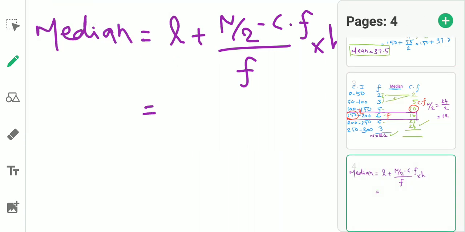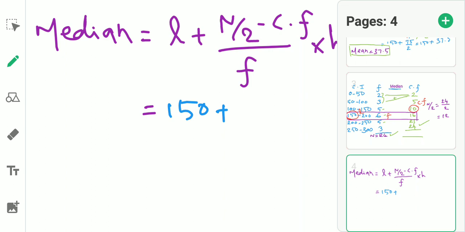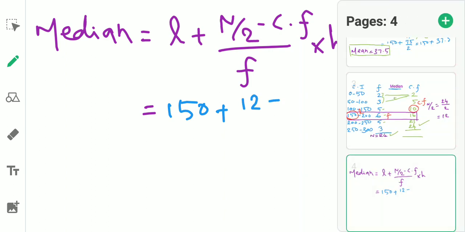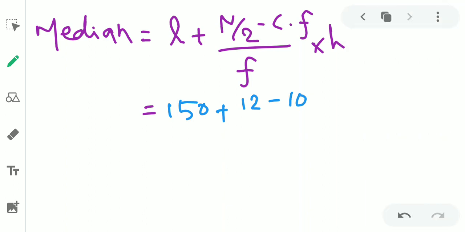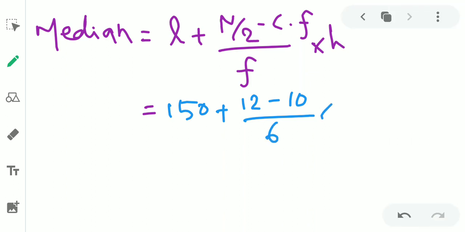We found 150. So 150 is L, and n by 2 is 12 minus CF, the preceding number, that is 10, divided by frequency is 6, and the class size you know very well, that is 50.